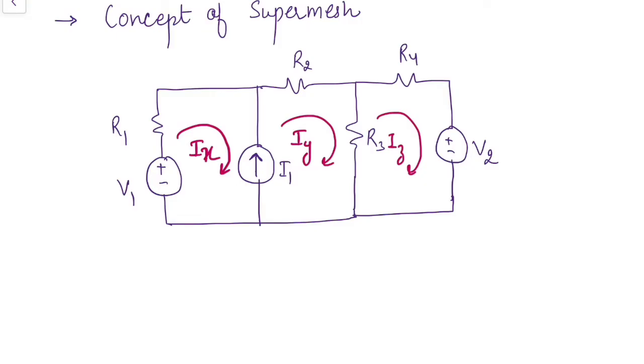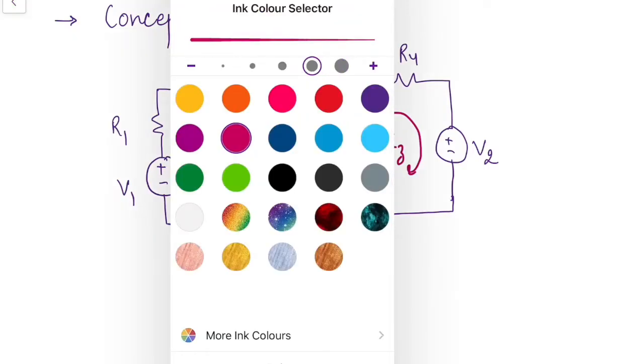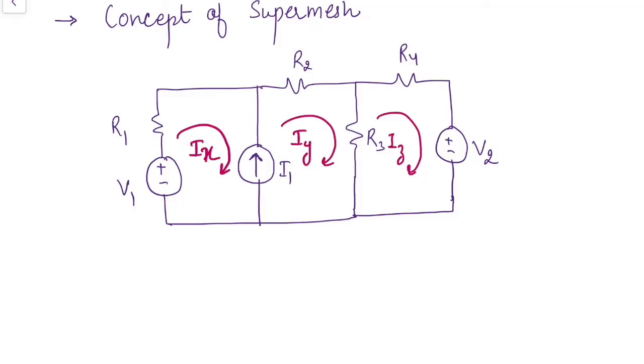Once we have the mesh currents assigned, we need to apply KVL to each mesh. Now if I start with mesh 1, we know that this is a voltage source. We can write the voltage of the source. We can mark the polarity of the voltage drop across the resistance as per the direction of current in the first mesh, that is current Ix.